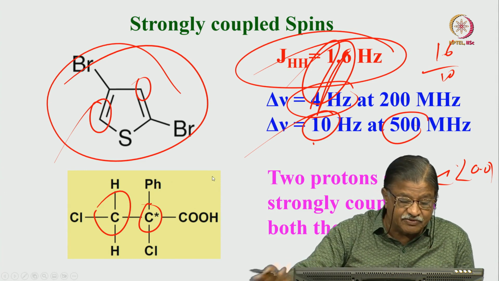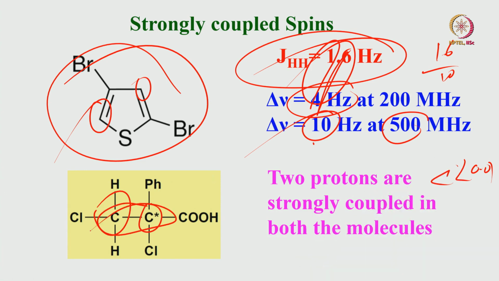Now, if you consider this one, I will not bother about carbon 13, which we showed in the previous example. I consider the protons here. The two protons are not equivalent, they are different, there is a chemical shift difference. But the J coupling is much smaller and the chemical shift separation is also much smaller.